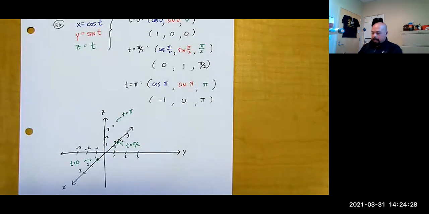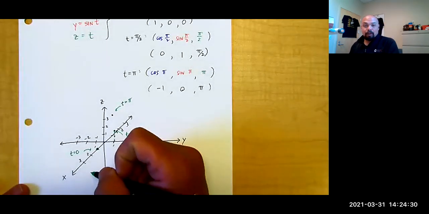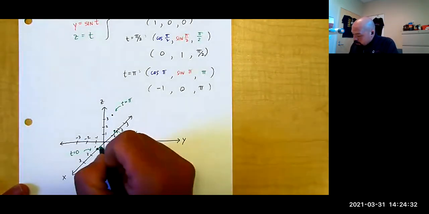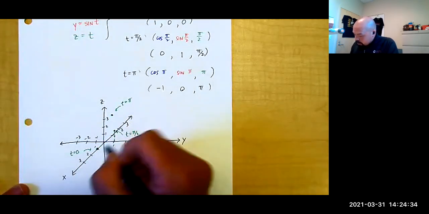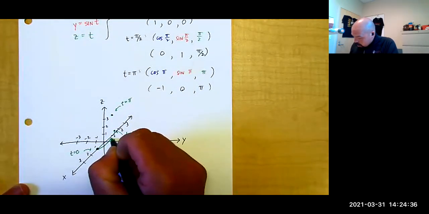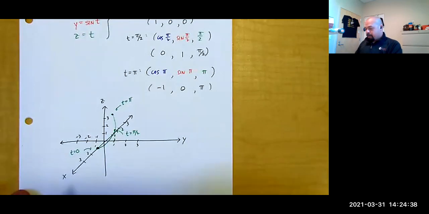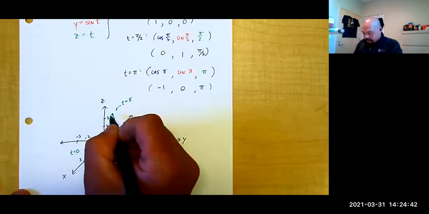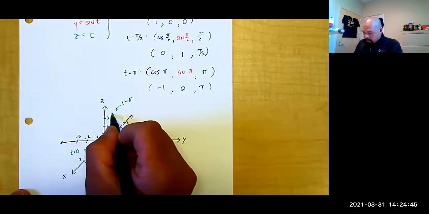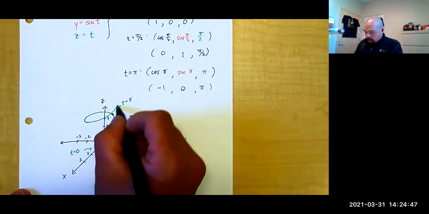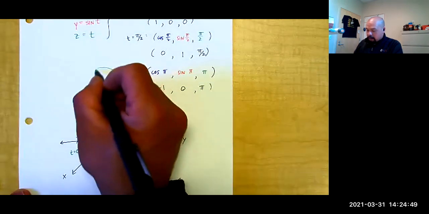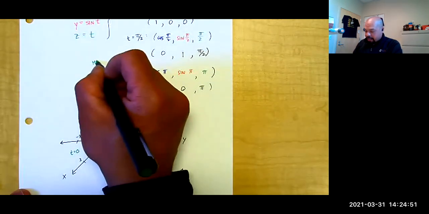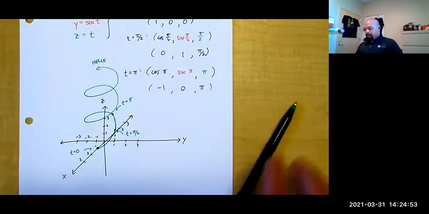So if we start to follow that trajectory, and this is where the graphing tool I'll show you is going to be helpful, what we're going to find is that our curve following this path is arcing its way upwards. And we can continue. What we're going to find in this graph, again, a common example, is that as we continue, it's going to continue to spiral around, and we're going to get a helix. Okay.